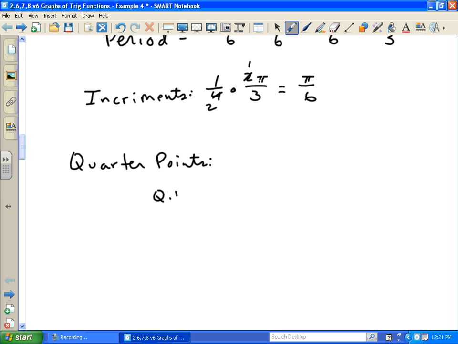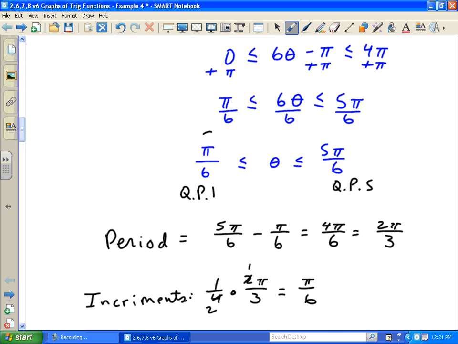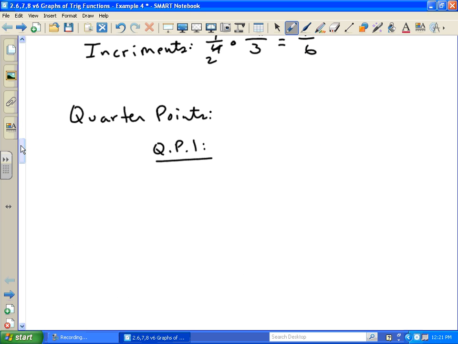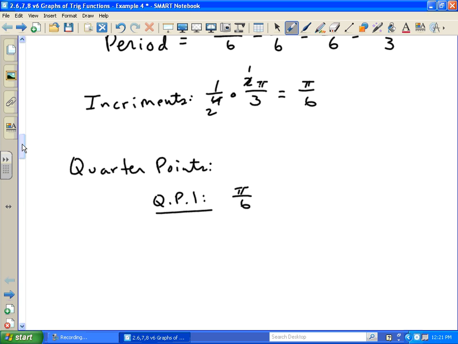Quarter point number 1 should be the leftmost value in the interval here, pi over 6. To determine my next quarter point, I would add pi over 6 plus my increment. My increments also happen to be pi over 6.